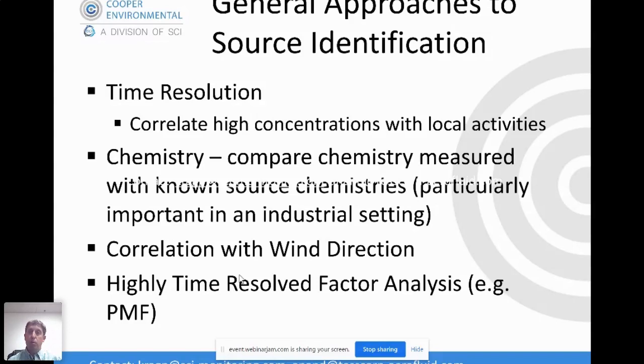The high time resolution of the instrument allows for correlation of elemental elements with wind direction, and we'll look into that a little bit too. And then more recently, the instrument has been used in highly time-resolved factor analysis using approaches like positive matrix factorization, or PMF. And we'll look at some of those studies as well.